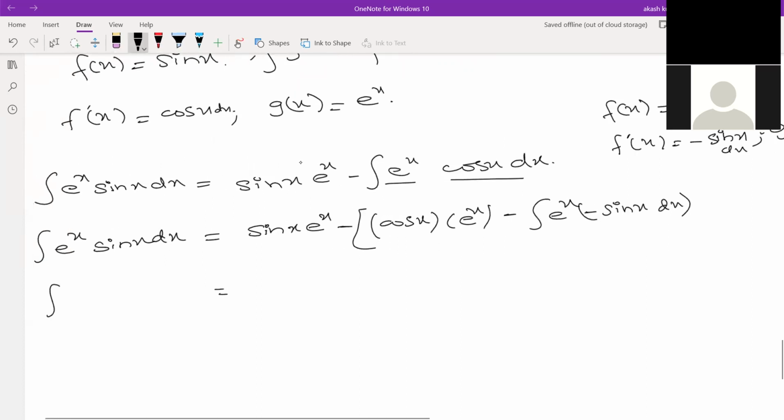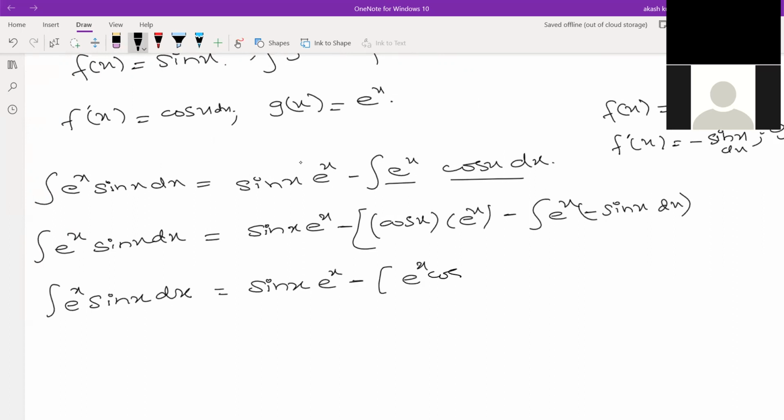Okay, so the integral of ex sin x dx becomes sin x ex minus ex cosine x. Minus and minus becomes plus, so plus the integral of ex sin x dx.